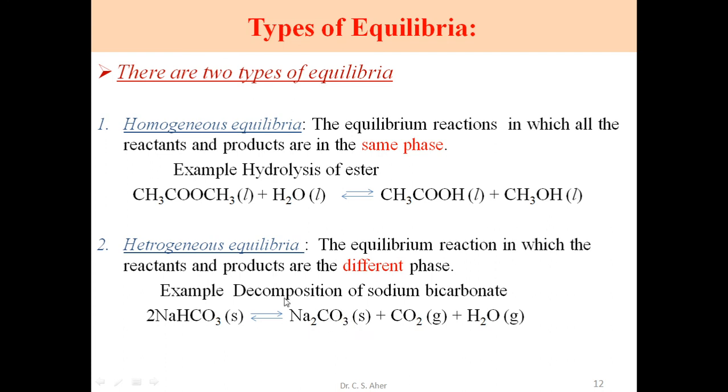But at the same time, during this decomposition, there is evolution of carbon dioxide gas and water vapor. So in this whole reaction, 2 components are in solid state and 2 components are in gaseous state. So this reaction is an example of different phases, so it is an example of heterogeneous equilibrium.